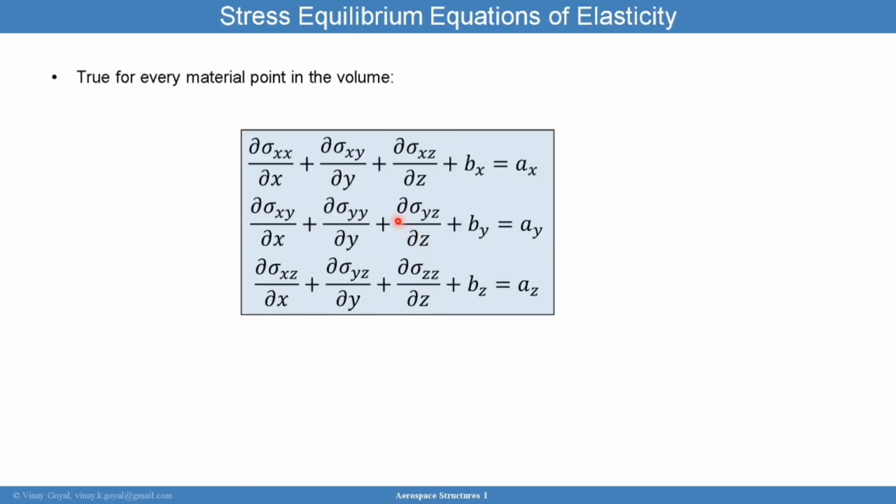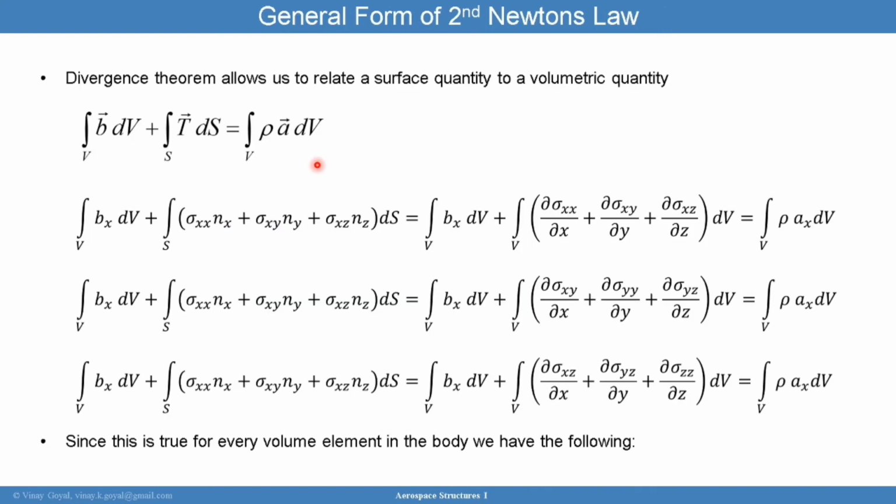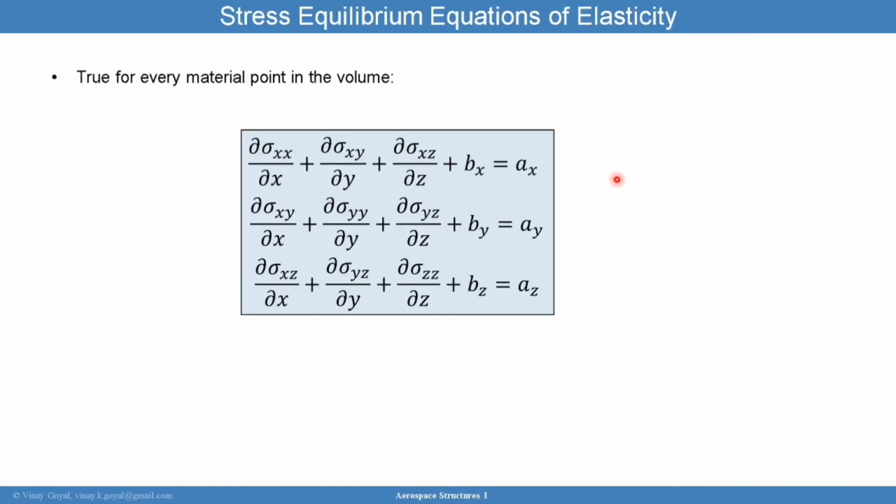And what I find is that the integrals are not necessary for this relationship to hold, because this holds for every point in the body. So Bx plus this quantity must be equal to rho ax. And I'm missing a rho here, and I apologize for that, but this is true for every material point in the body.